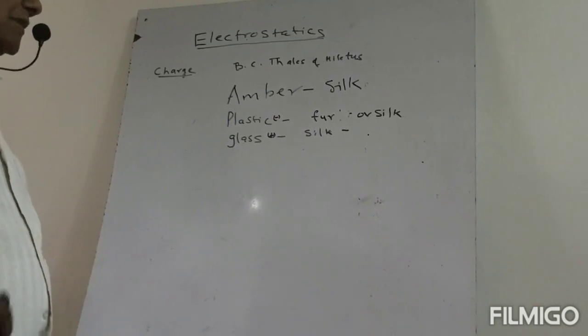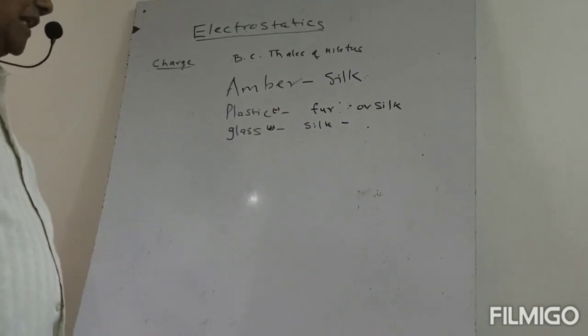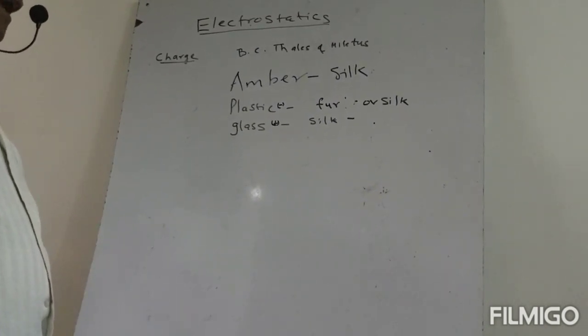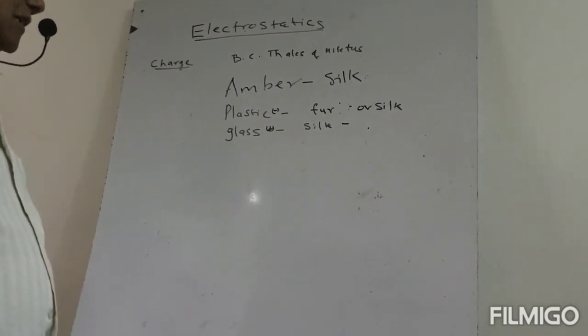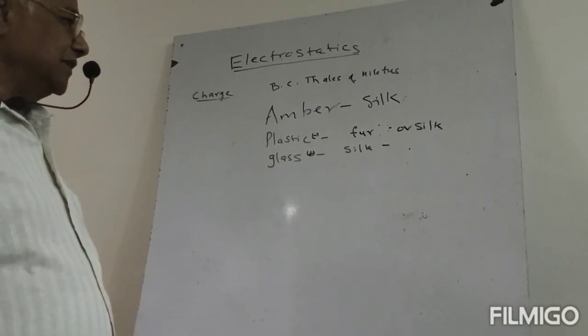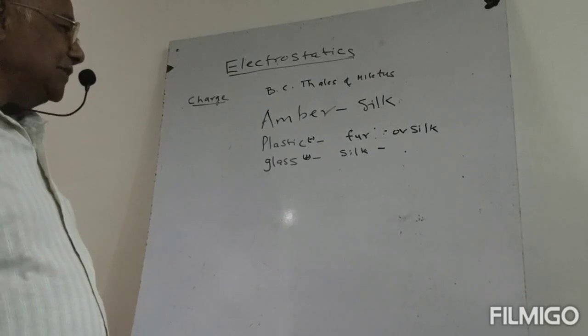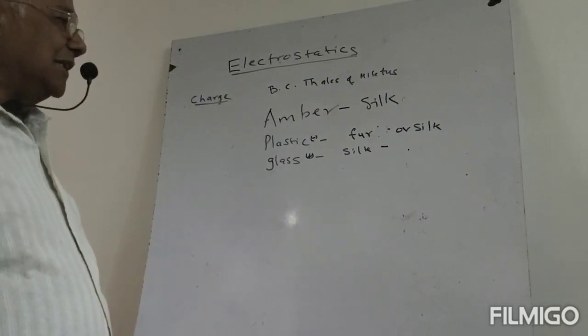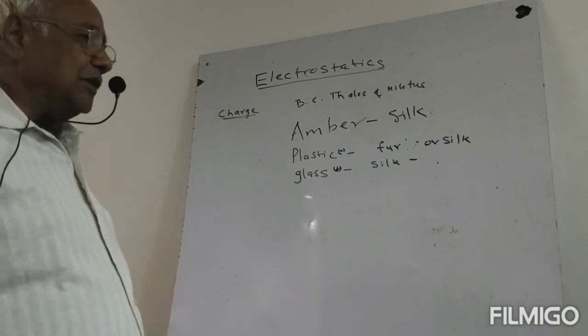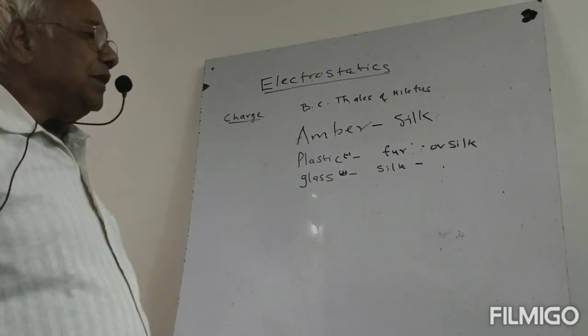When plastic is rubbed by the fur, then plastic becomes negatively charged and fur becomes positively charged. Whereas when the glass is rubbed with the silk, then glass becomes positively charged and silk becomes negatively charged. The positive charge is equal to the negative charge.